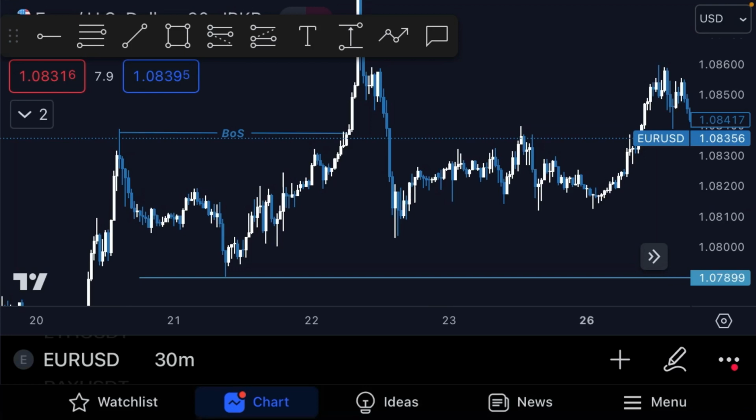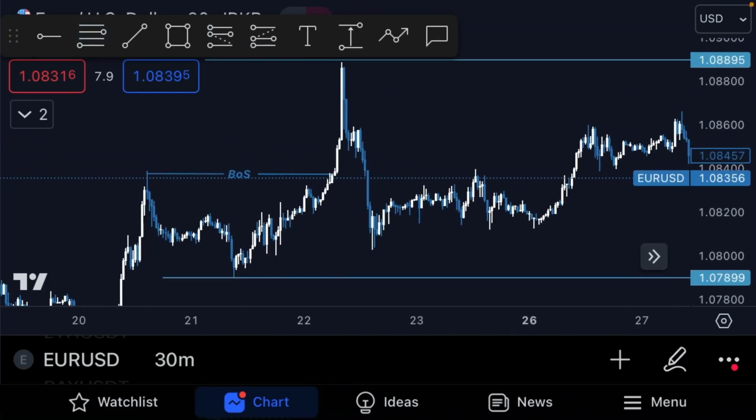So what are we going to do in this lower time frame? It is very simple. What we need to do is look for decent ranges where we can get into the market. For that, I apply my Fibonacci tool to get a decent range. This is my Fibonacci tool.